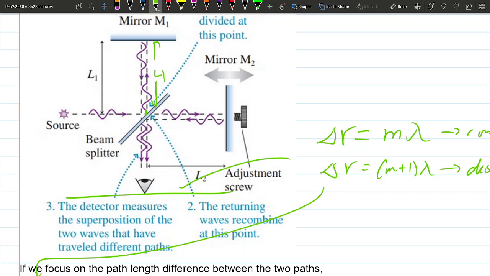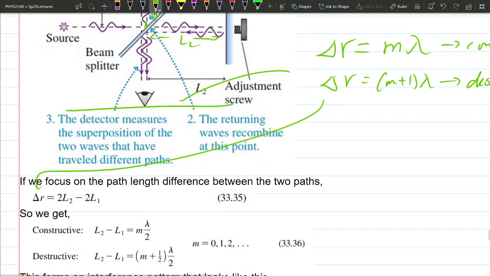On this path, if we define this length to be L2, this beam has to travel 2 times L2. So the difference between them is 2 times L2 minus 2 times L1. That's the difference. Over here it doesn't matter, they both travel the same distance, so we don't need to calculate that.